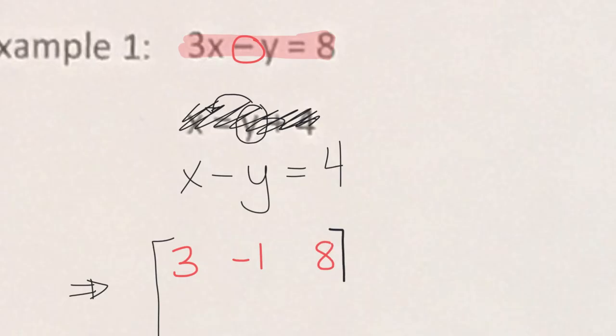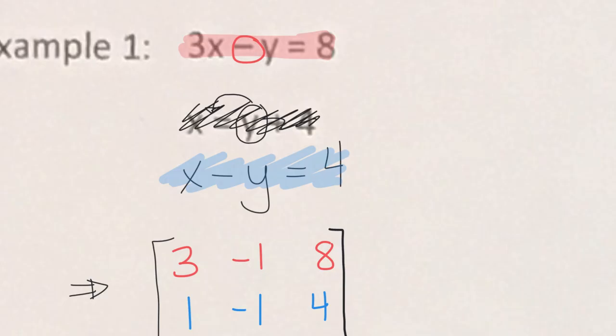Okay, so that becomes your top equation. We have your x coefficient, your y coefficient, and your number. And we do the same thing with our second equation. We have an x coefficient of 1. There's one x there. We have a y coefficient of -1, and we have a value of 4.